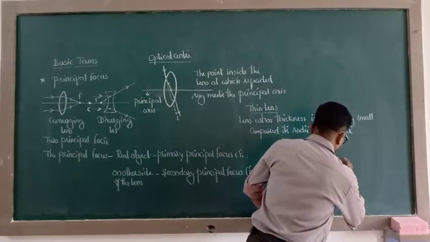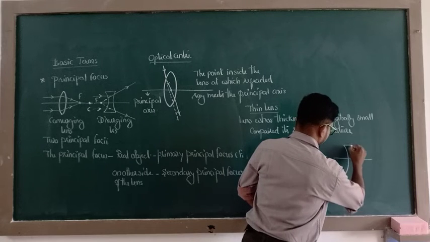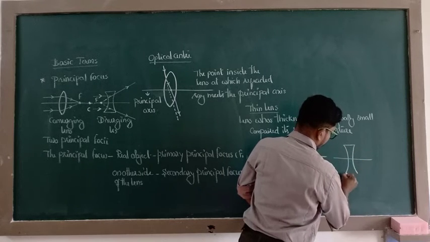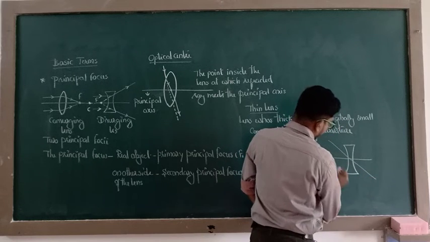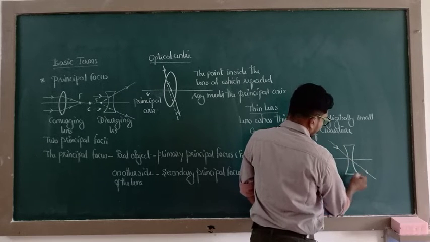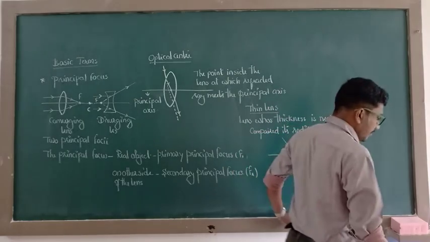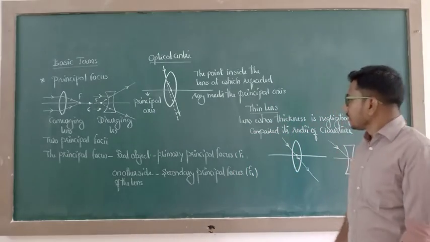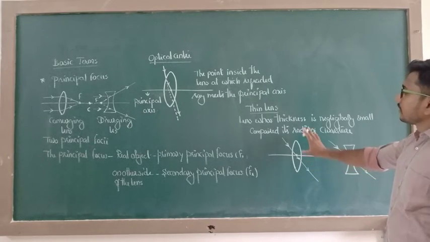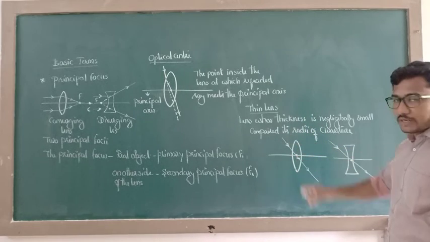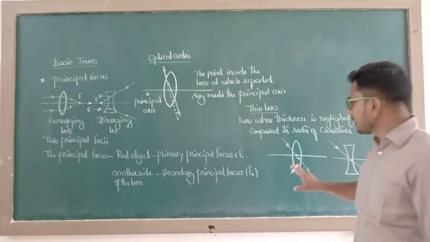Similarly, in case of a thin concave lens, the light ray proceeds without any deviation. So try to remember this concept: in case of a thin lens, when the light ray is made to pass through the optical center, that light ray proceeds without any deviation.